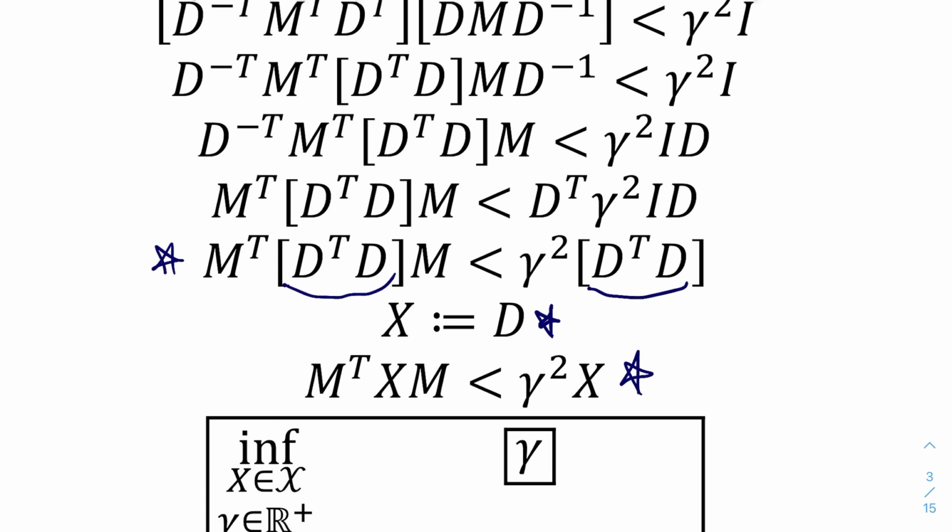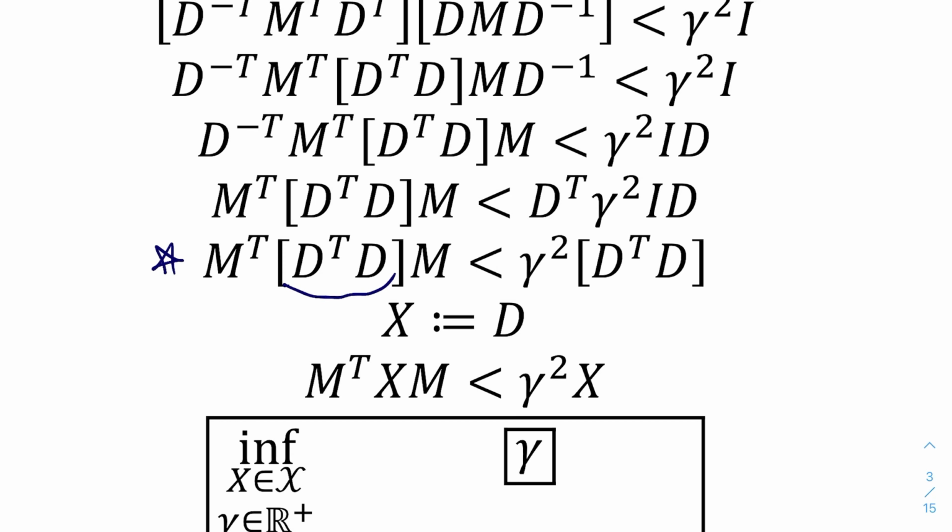Our problem would turn into an LMI for a given gamma, which is the SSV in a way. However, this is a bisection. If you say that gamma is my decision variable and also x is my decision variable, this is not an LMI problem, because this term is not linear. You have decision variables multiplying each other, and this is no bueno.